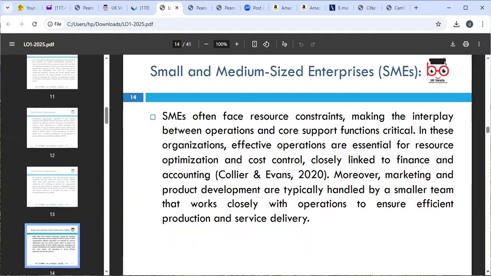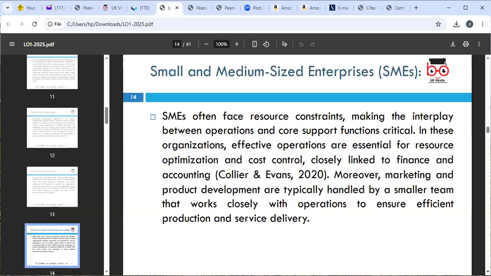And so the SMEs exist to handle smaller teams, and because they are quite small as SMEs, they are most times able to deliver efficiently and effectively. Okay. And marketing becomes a major role for these organizations because they are not quite huge.